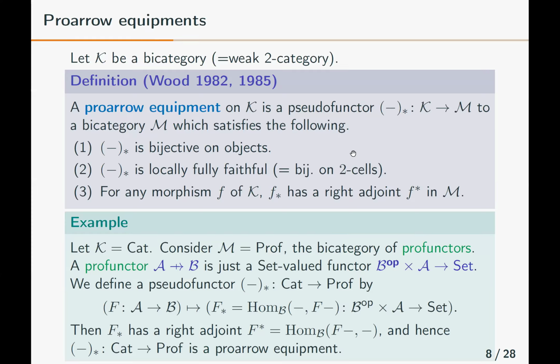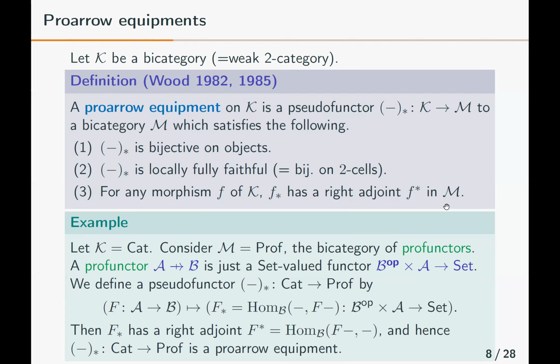First, it is bijective on objects. Second, it is locally fully faithful. The third condition, which is the most important, is that for every morphism F in K, the morphism F lower asterisk has a right adjoint in M.